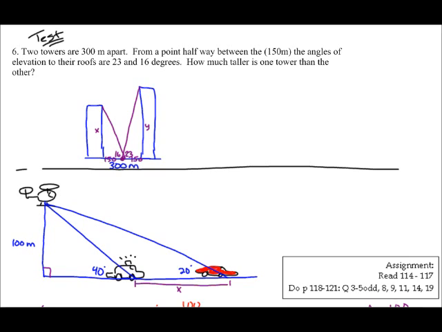So again, you have your legs. Again, it's tan. So you would set it up as tan 16 degrees, opposite over adjacent. And then tan 23 degrees, opposite over adjacent. Okay, so to get y by itself and x by itself, it's being divided by a number, so we're going to multiply both sides by that number.